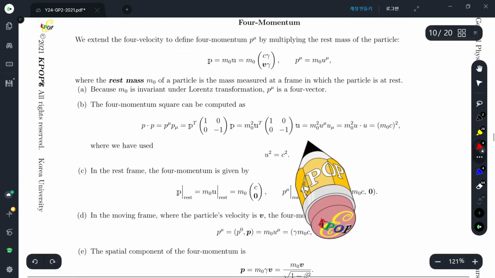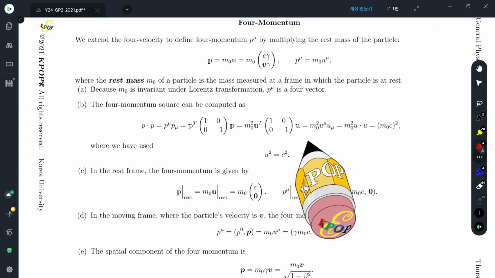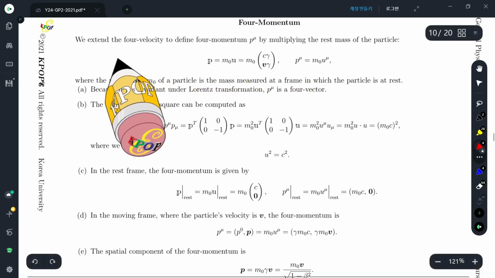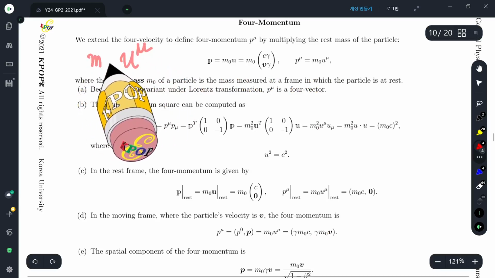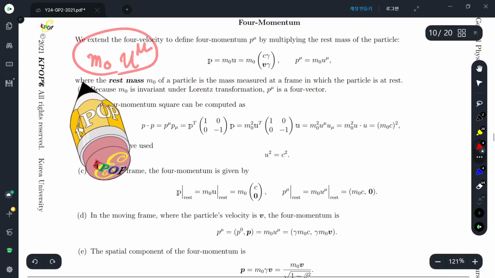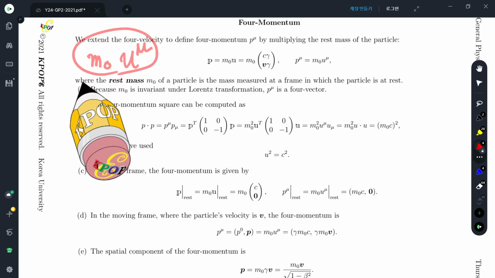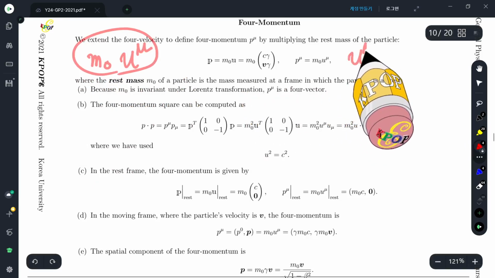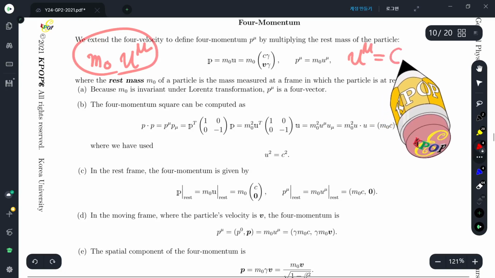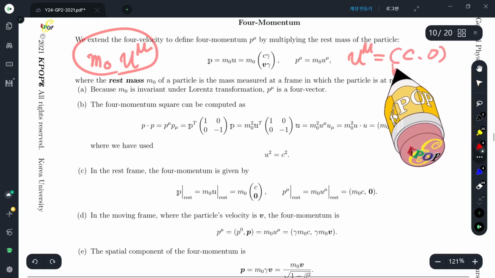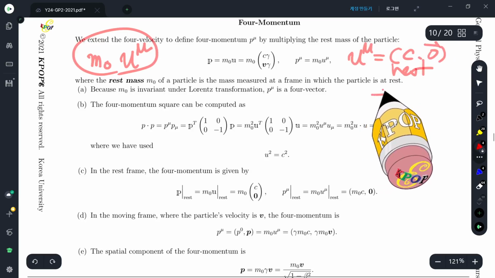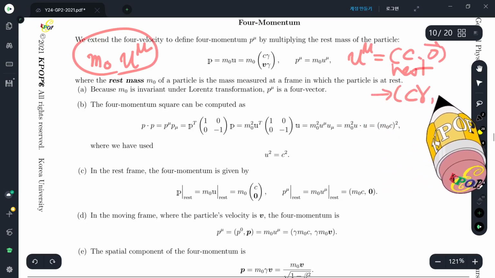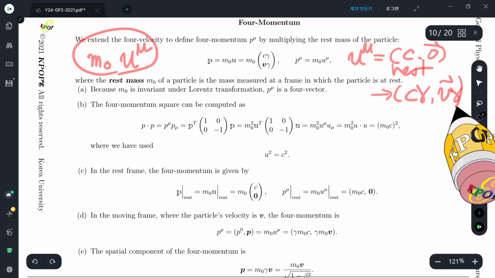Now we are ready to consider four momentum. Four momentum is obtained from the four velocity multiplied by the rest mass of the particle. The four velocity u mu in the rest frame is c, 0, and in the moving frame it becomes c gamma, v gamma.